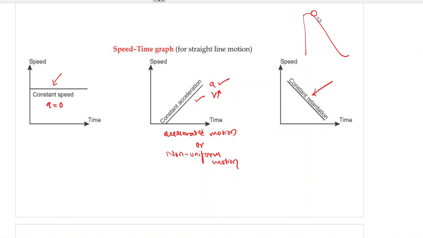Sliding down is not an example of constant retardation, but the graph looks like that. And for constant acceleration, just imagine that there are steps and you have to climb up. So constant acceleration looks like a flight of stairs, and constant retardation looks like a slide from which a body will slide down. So this is accelerated motion, or retardation, or non-uniform motion.